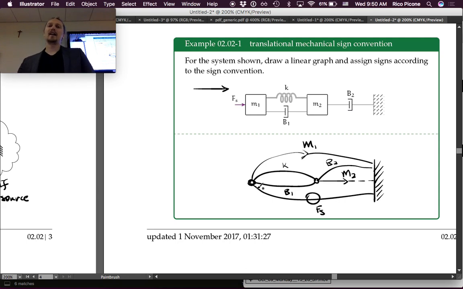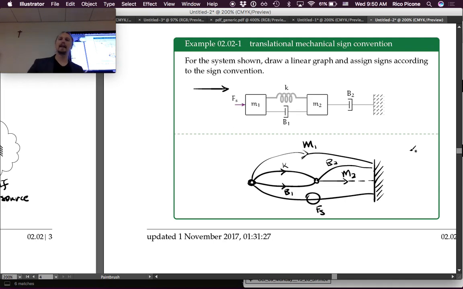That means that our K and B1 are going to have direction what? Remember, it's in the direction of the coordinate arrow. So from mass 1 to mass 2, because if you go left to right, you encounter mass 1 before you encounter mass 2, right? So it's going to be from the mass 1 node to the mass 2 node.